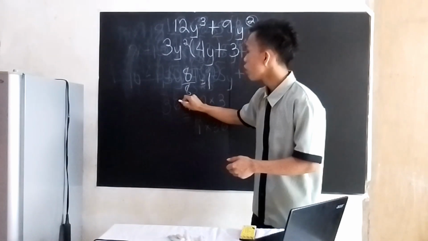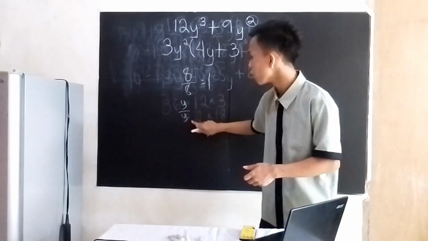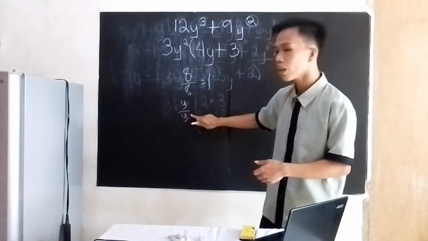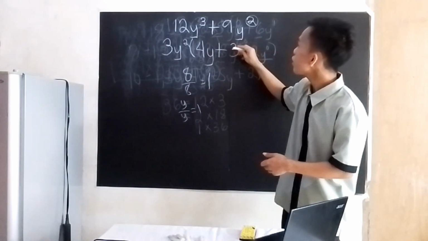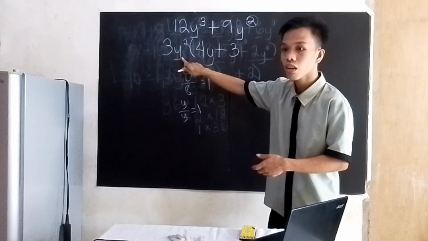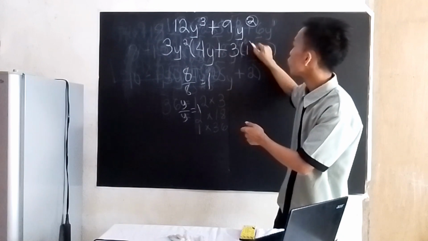So since y squared and y squared are the same, the result is 1. So 3 multiplied by 1.